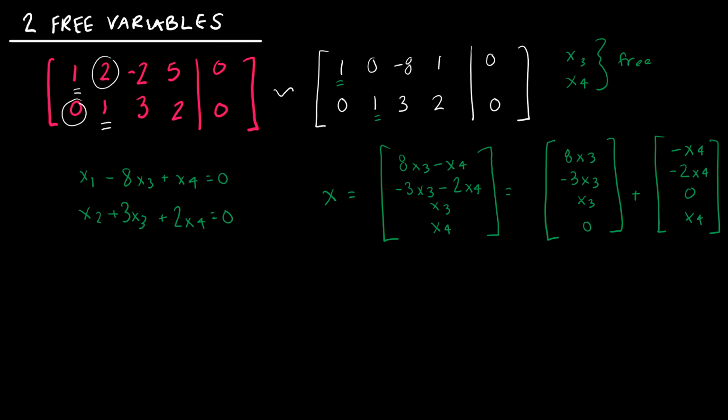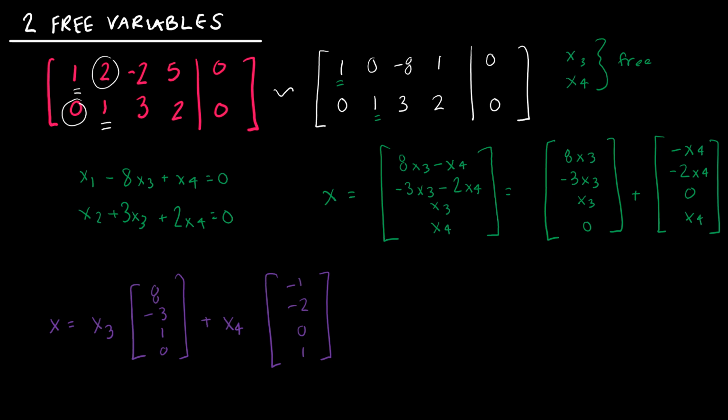So now what I can do is I can say that x is equal to, again, factoring out that x3, I end up with 8, negative 3, 1, 0. And factoring out x4, I get negative 1, negative 2, 0, 1. And again, is this written in parametric form?